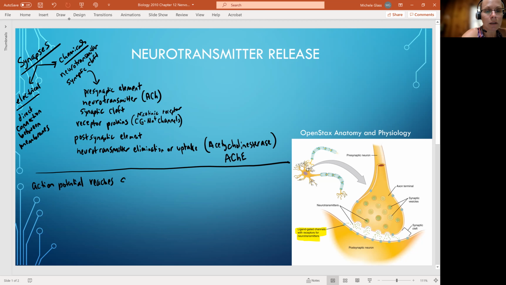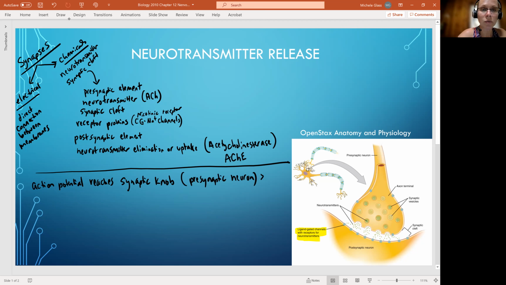reaches the synaptic knob. And I'm going to put in parentheses that that is our presynaptic neuron. We could say element, which is what we have in the description up above. That's coming in our diagram from that presynaptic neuron.